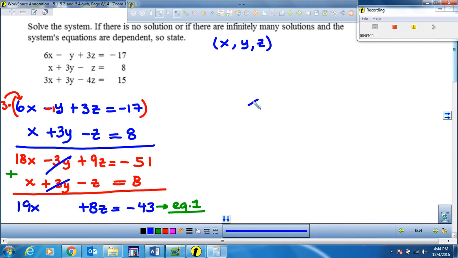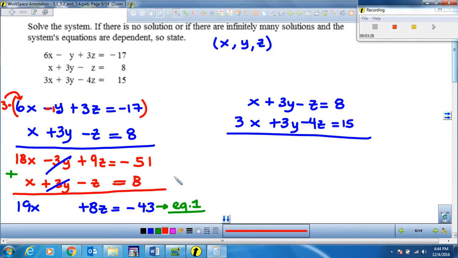So I'm going to choose to use the second one with the third one, obviously, because that one I have no choice but to use, since I have not used it. So the same variable that I canceled in the other 2, I need to cancel here. So I don't have a choice of whether I cancel the x's or the z's or the y's? You must cancel the y, as you did in the previous set of equations.